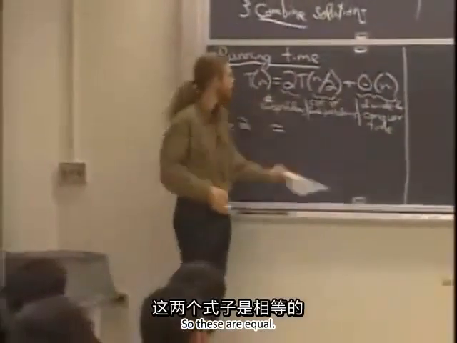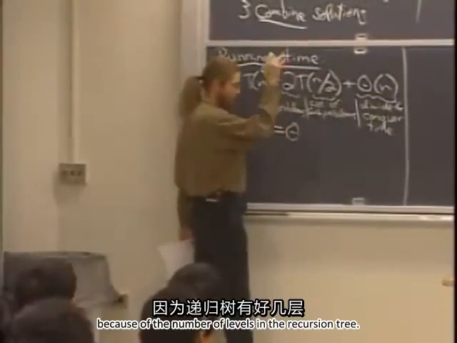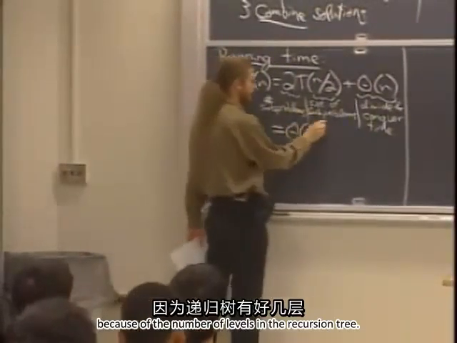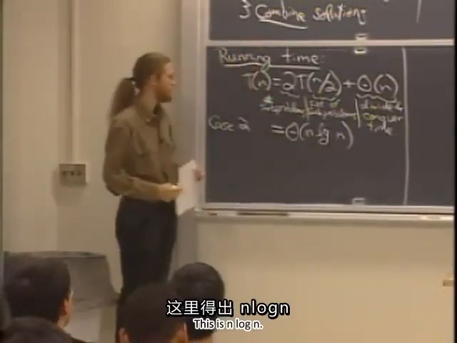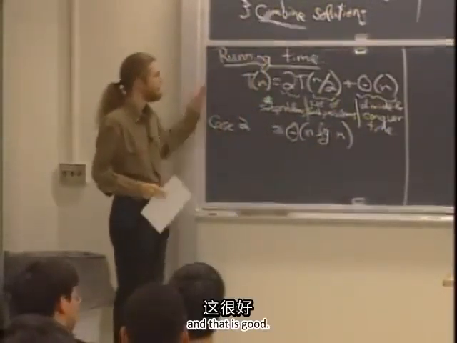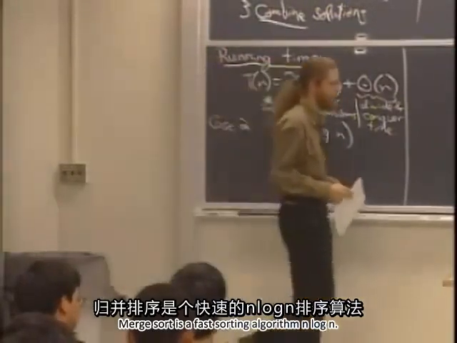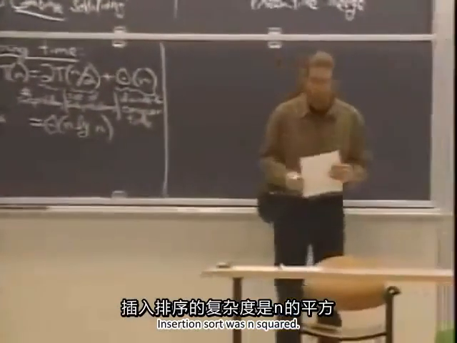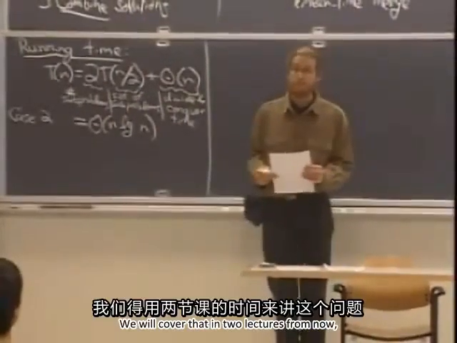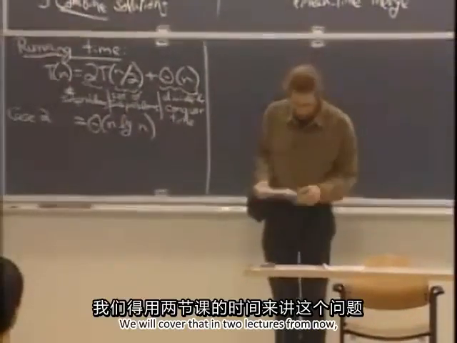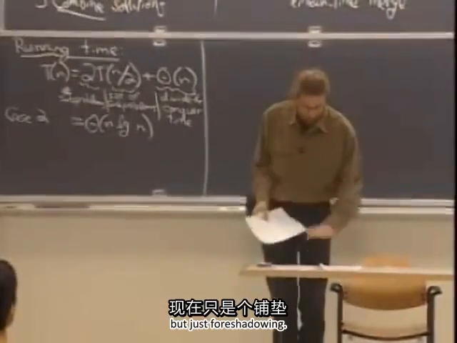So these are equal. So we get an extra log factor because of the number of levels in the recursion tree. Remember the intuition behind the master method. So this is n log n, and that's good. Merge sort is a fast sorting algorithm, n log n. Insertion sort was n squared. In some sense, n log n is the best you can do. We'll cover that in 2 lectures from now, but just foreshadowing.